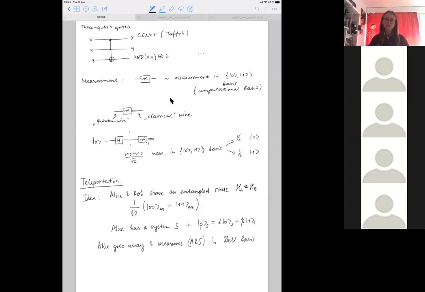I'll come to this a bit later. Essentially, this just means that she measures these two qubits in a joint basis for two two-dimensional systems. And she gets some results, right?